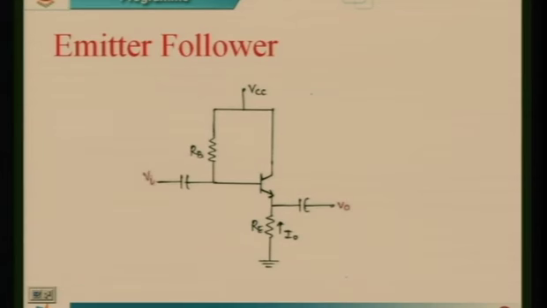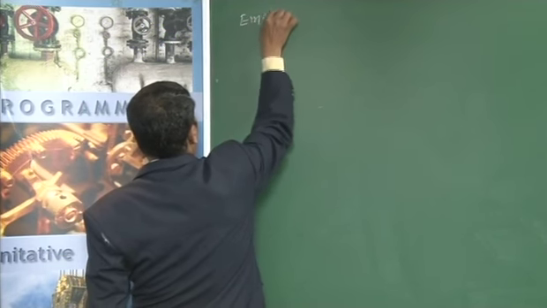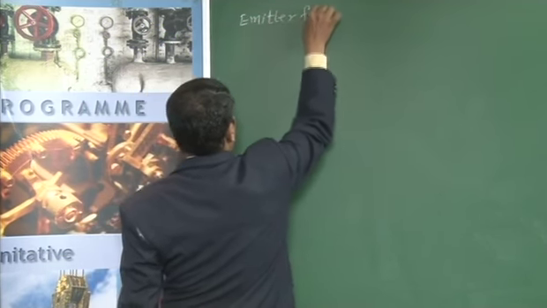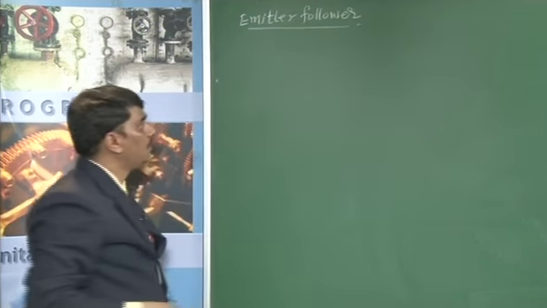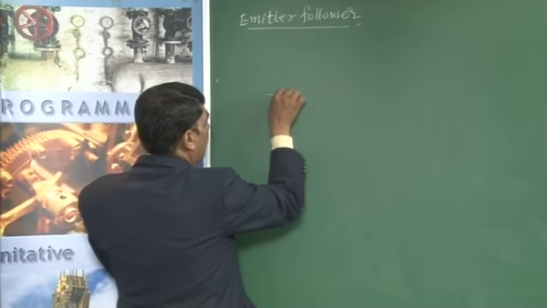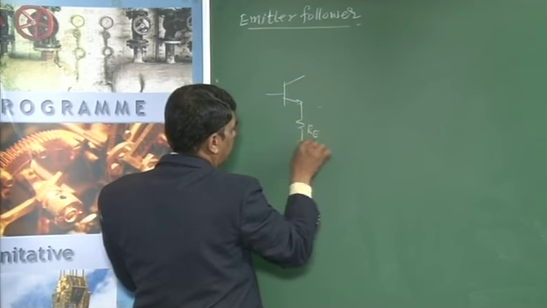Next, let us consider a common collector amplifier, or an emitter follower. For an emitter follower, the output is taken across the emitter resistance RE.